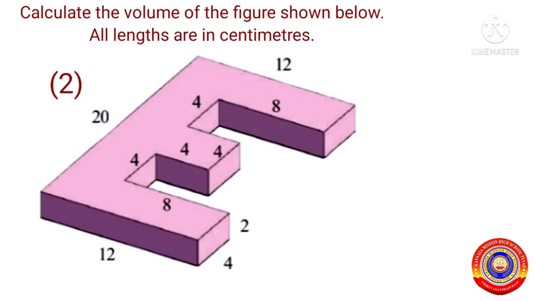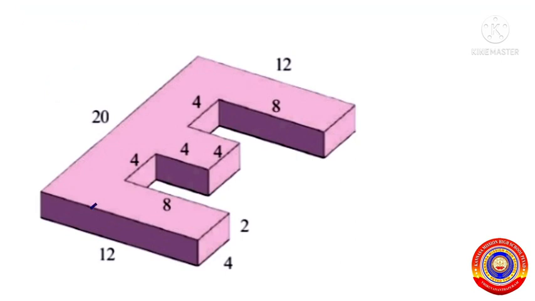Next question. We have to find the volume of this figure shaped like the letter E in the English alphabet. Here also we are drawing dotted lines to divide this figure into rectangular blocks.